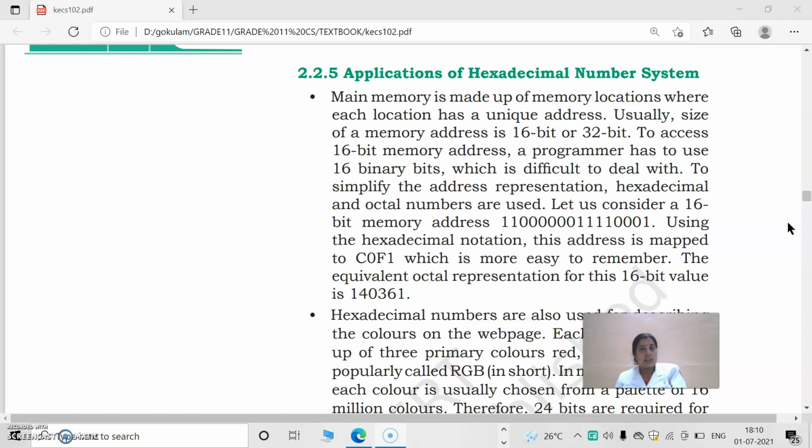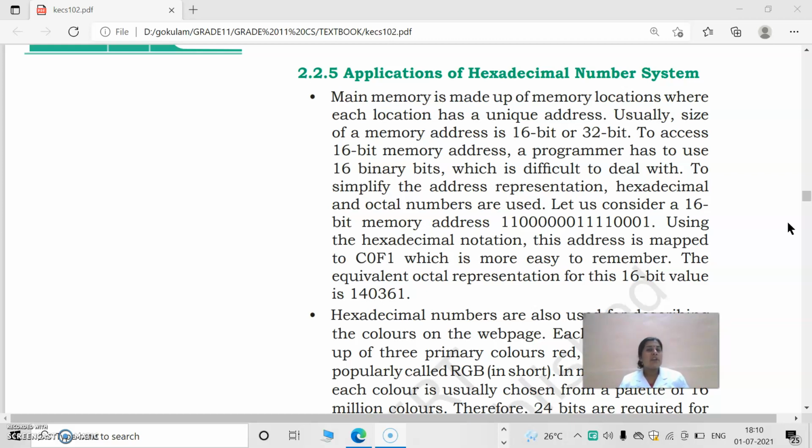Suppose we are using octal representation, what happens? 3 bits are used per octal digit, so we have to use more digits. So first, it is easy to represent memory addresses by using hexadecimal representation. I think on our TV, it is showing some message like 000FFF.